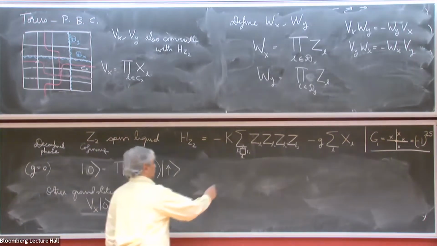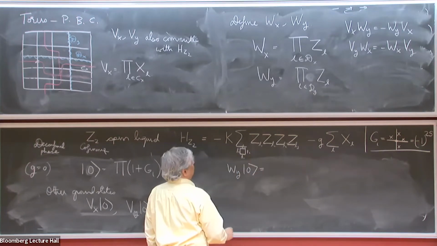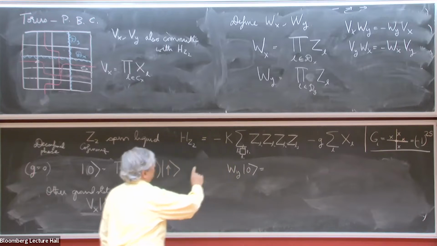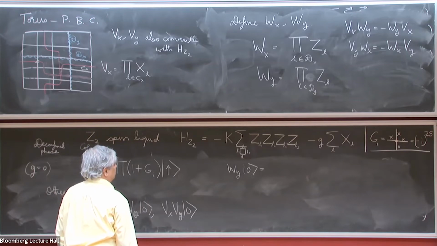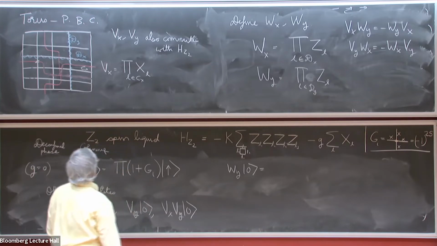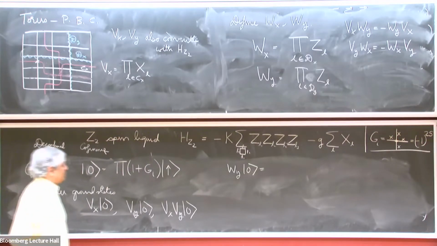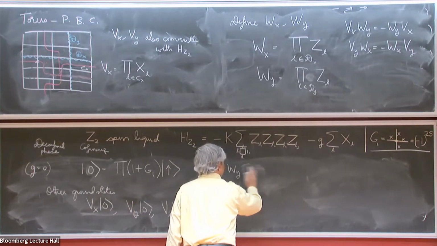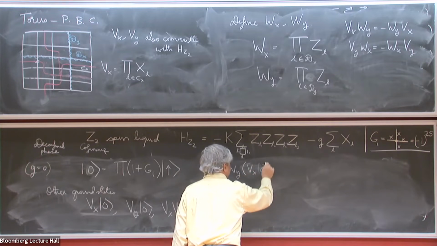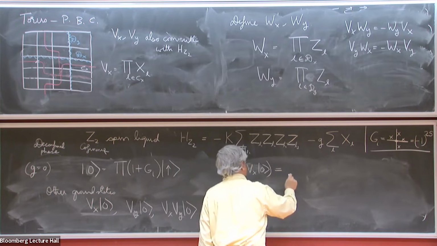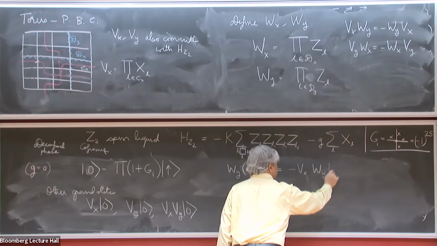So for example, if I take the Wy operator acting on the state 0, it's an eigenstate of Wy, at least at g equals 0. So Wy is a product of the Z's. It may have some eigenvalue, but what we know for sure is that Wy acting on Vx on 0 is the same as minus Vx acting on Wy times 0.